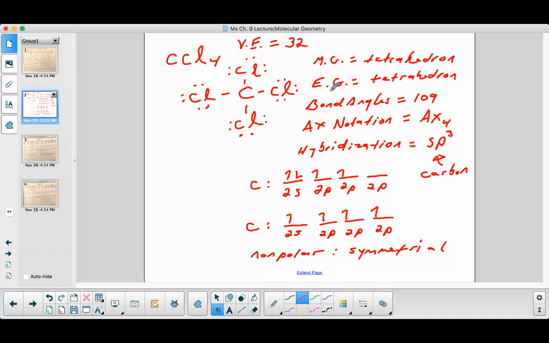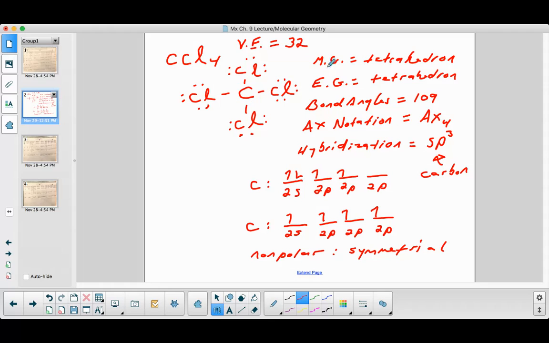Now, the electron geometry has to do with the number of electron pairs that surround that central atom. And it's really only the central atom, or in some cases, there's multiple central atoms, because if you had a C2 here, you would have more than one central atom. But we're going to stick with single central atoms.